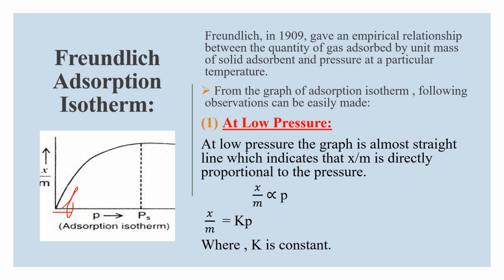So the extent of adsorption x by m increases with increase of pressure. It means x by m is directly proportional to pressure P. And as we remove the proportionality sign, we get a constant, K. So x by m equals K into P, where K is a constant.